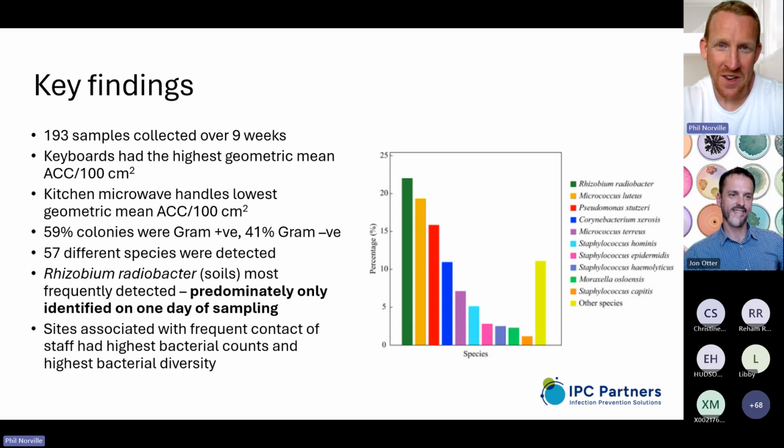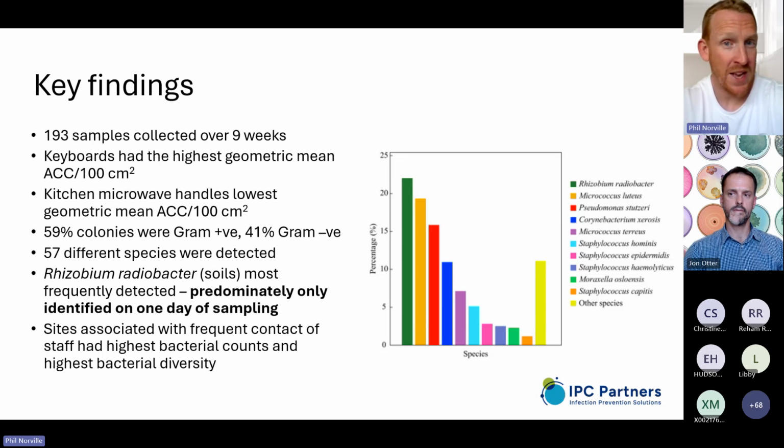The other interesting thing is that the contamination, or what they detected in the environment, was quite transient as well. So this organism that they saw in a really high abundance, Rhizobacterium radiobacter, they only predominantly identified that on one day of the sampling that they did. So I'm assuming that on the other days, they didn't detect it in as high numbers, which I think is really interesting to think about, how these populations of organisms might be transient, and that they might be there one day and then a couple of days later they're not.